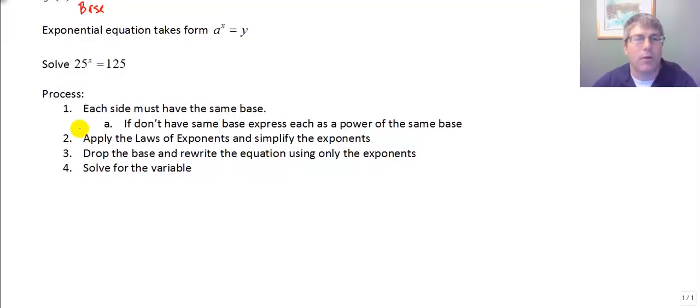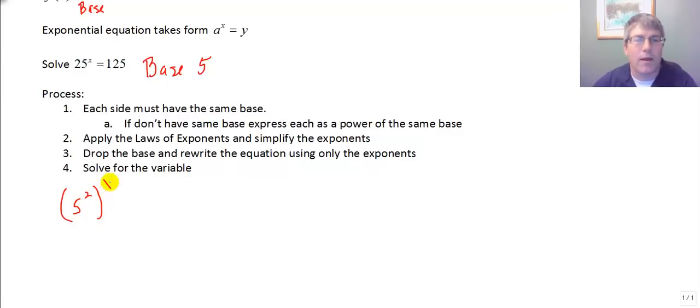So let's follow our process here and solve together 25 raised to the x equals 125. Well, 25 and 125 have a common base of 5. So now we can rewrite 25 with base 5, which is 5 squared.